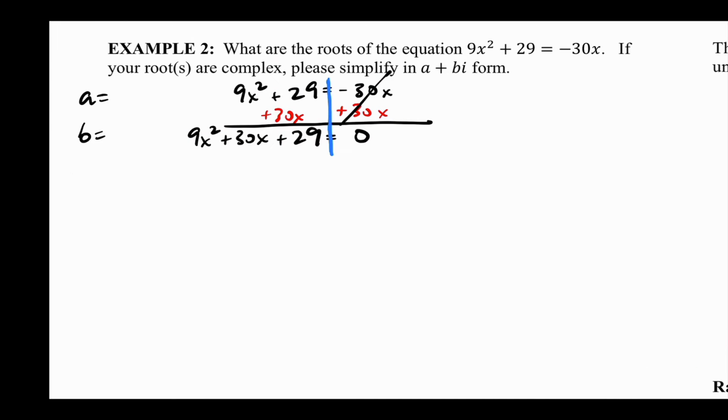A, B, C. A is 9, B is 30, C is 29. So I need to multiply 9 times 29.